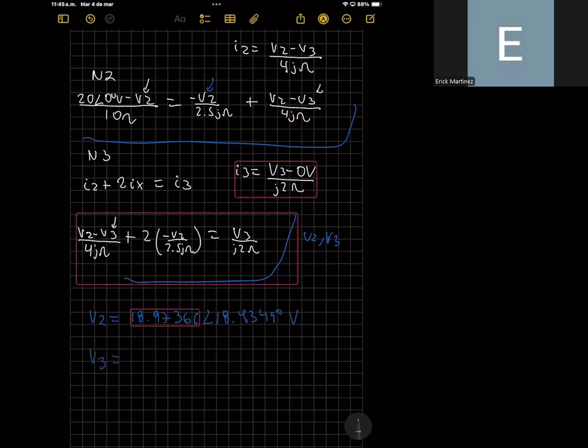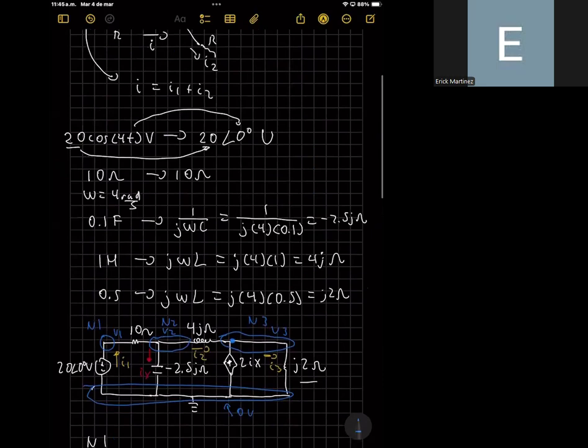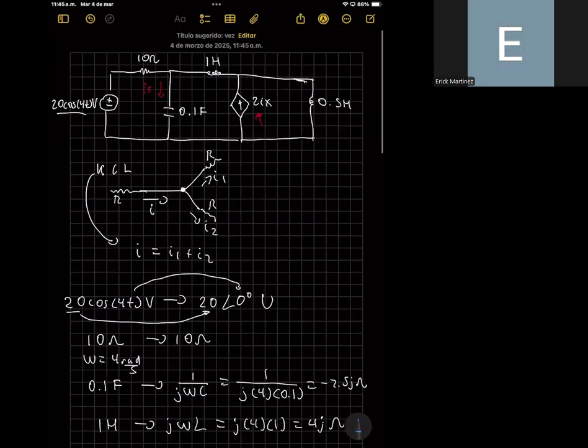And V3 should be equal to 13.9140 with an angle of minus 161.56105 degrees volts. Okay, but remember that the problem was asking us to compute the value of Ix.